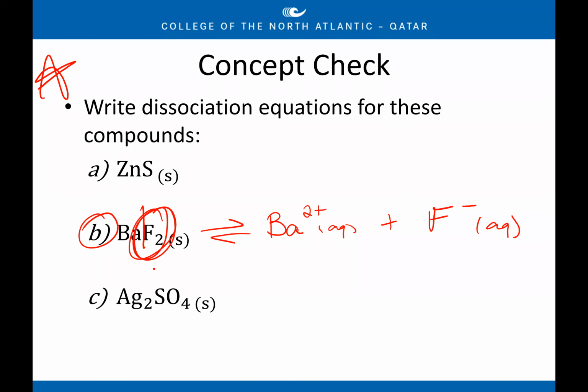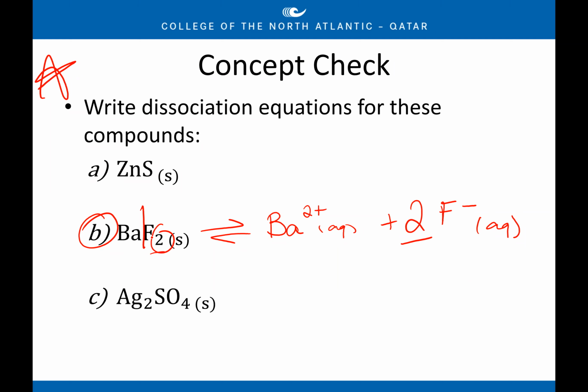I have 2 fluorines on the left, and I only have 1 here. I'm breaking the rules of the universe, and the universe is not happy. So what I do is I put a 2 in front. And that's really important for the next and final step.